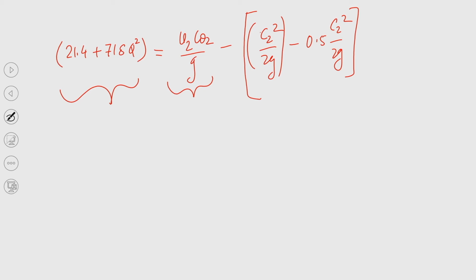Our objective is to recover that loss by allowing liquid to flow through a volute casing, and the volute casing designed for this particular pump converts 50% to pressure head. So, that means this 50% is lost. So, this is nothing but u2 c theta 2 by g minus 0.5 c2 square by 2g.